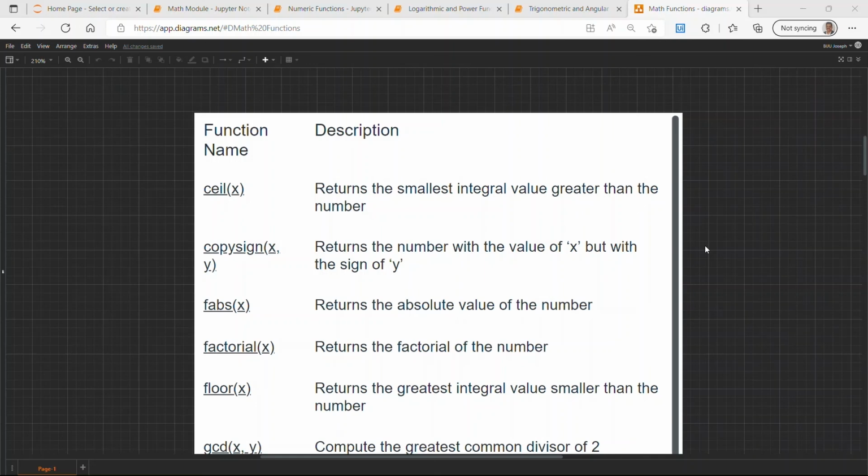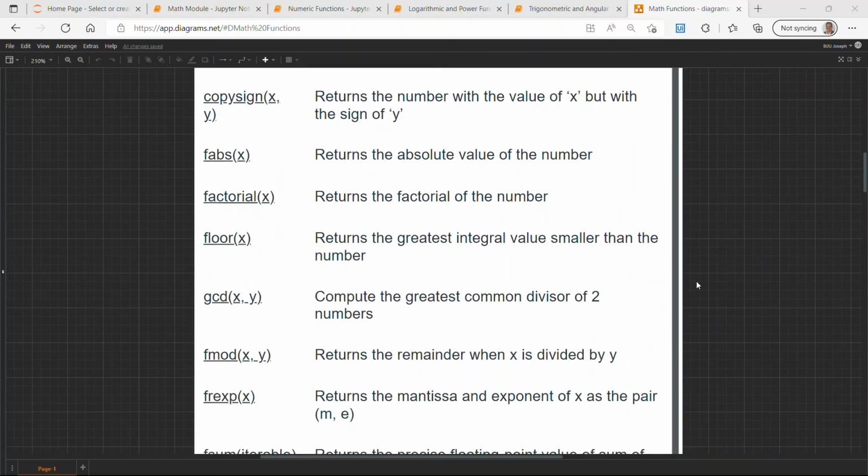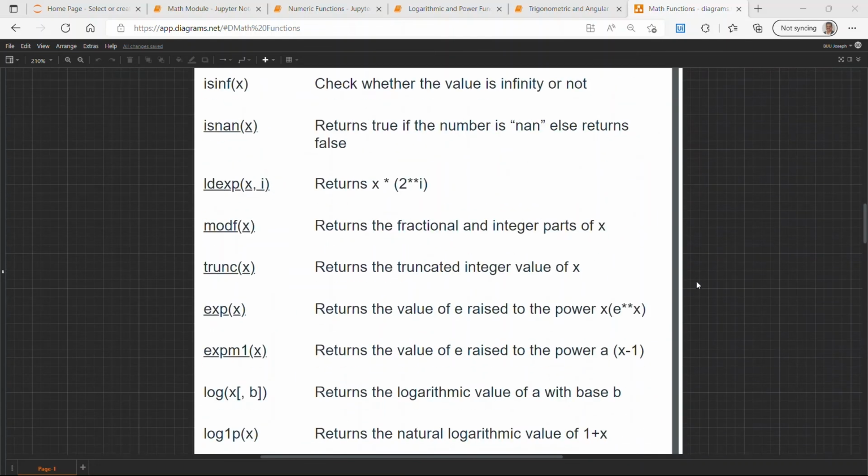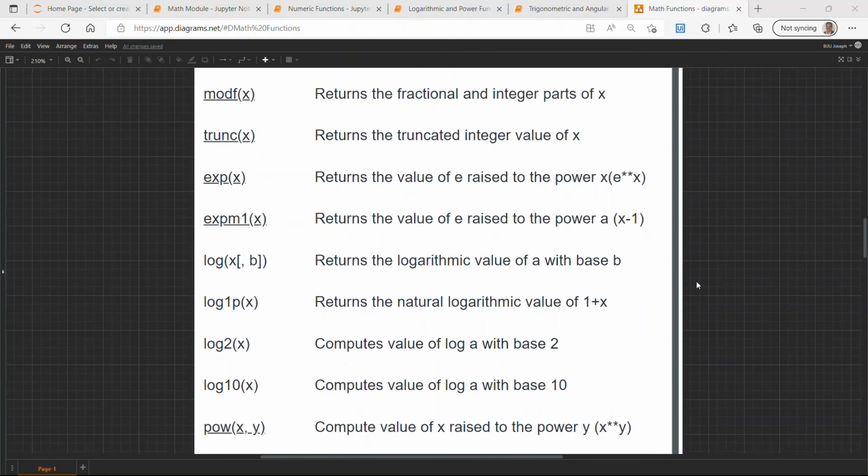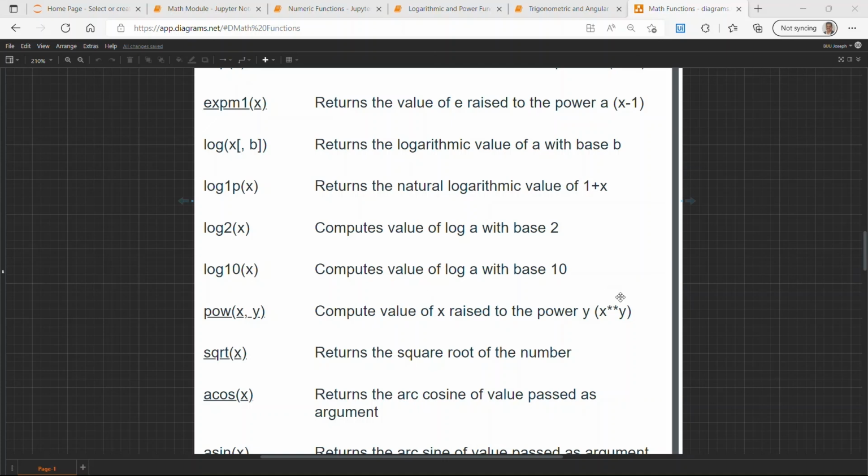Before closing, let's have a quick recap. In this session, we have seen the Python math functions, and we understood that all these functions are in the math module, and we can easily integrate the math module in your program. We have so many math functions which are going to support you, and we have the constants also, and some of the functions like ceil, floor, then gcd, the log functions, the power functions, and square root functions.